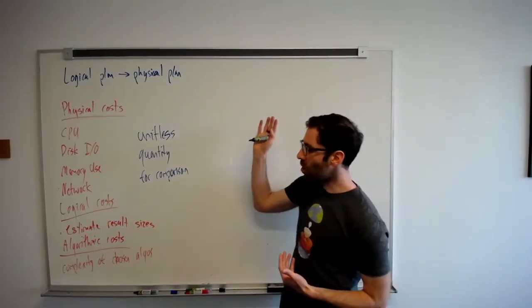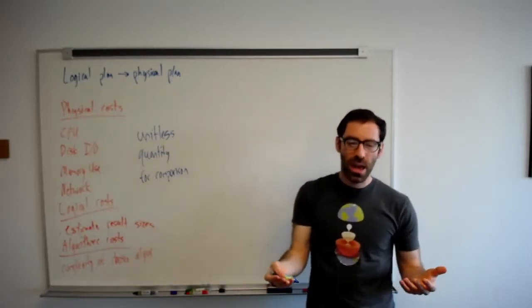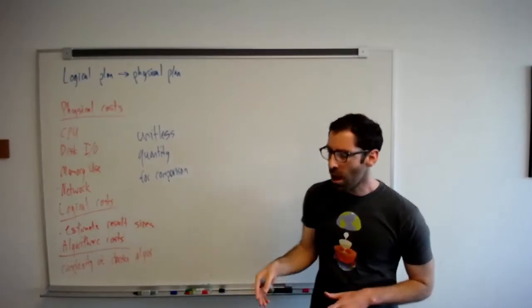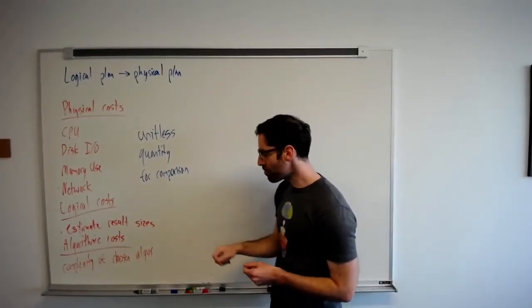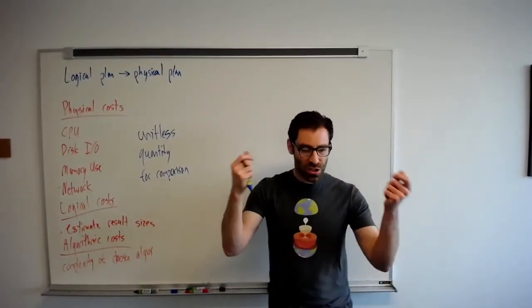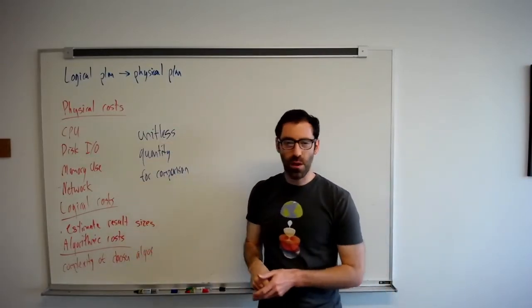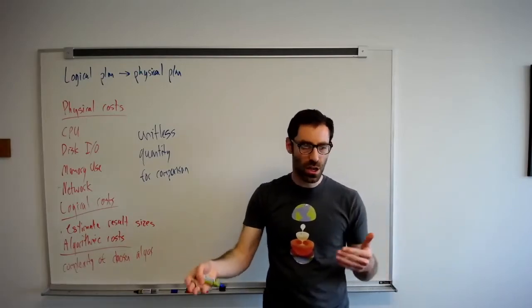Our cost estimates are not going to be in terms of a specific number of seconds that we expect the query to take or something like that. It's just some number that we assign to the query based on these different properties that we're using to compare to other queries.